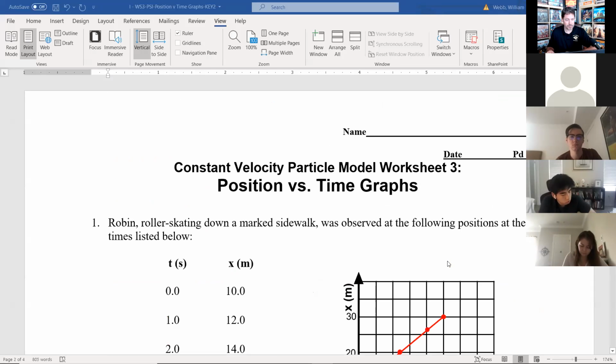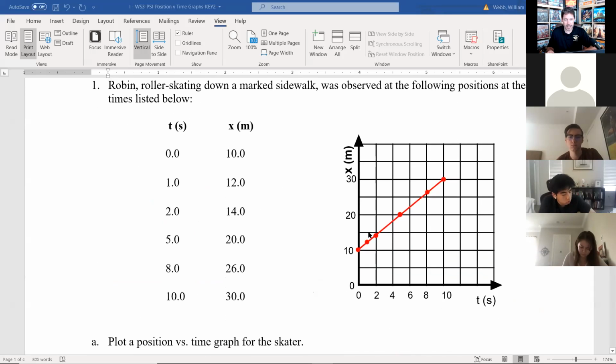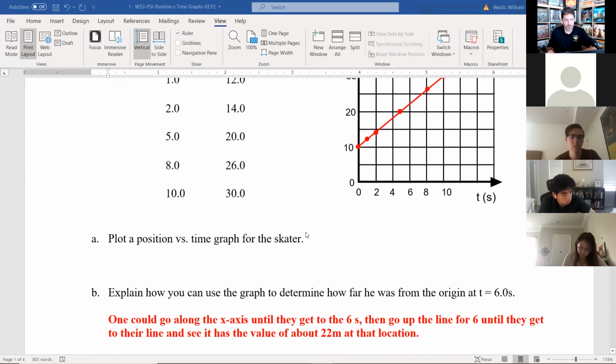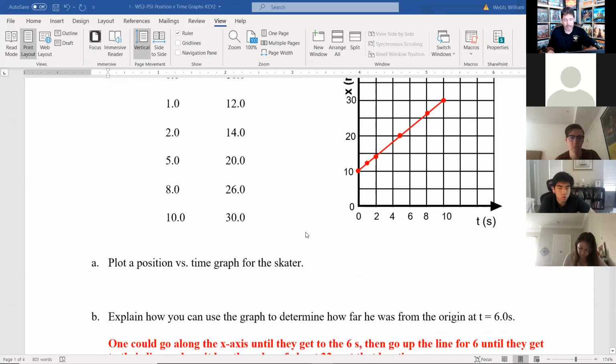All right, so if we look at the first question, it talks about Robin roller skating down a marked sidewalk and being observed and timed, and they give you some data and you graph it, and you should see a linear relationship with this first scenario. Part B says explain how you can use the graph to determine how far he was from the origin at 6 seconds.